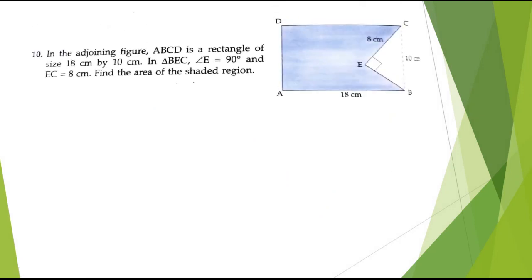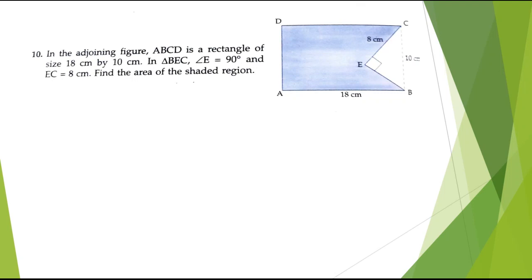Now look at question number 10. In that, ABCD is the rectangle of size 18 centimeter by 10 centimeter, and inside the rectangle a triangle is given, triangle BEC, where angle A is given 90 degree and EC is 8 centimeter given.